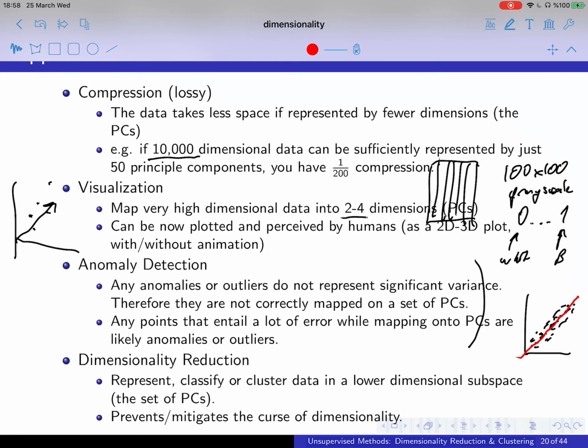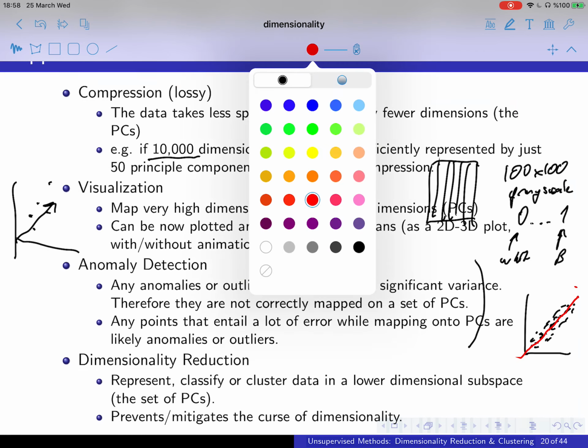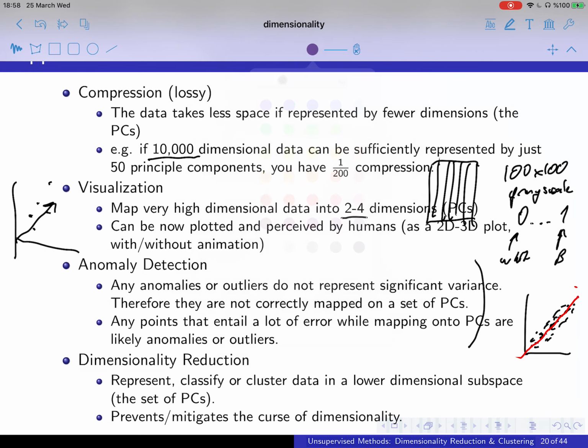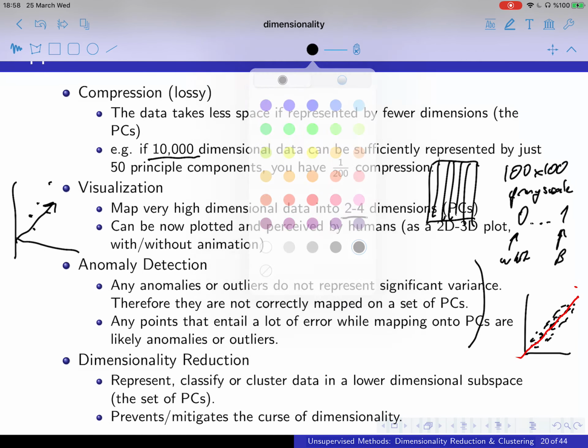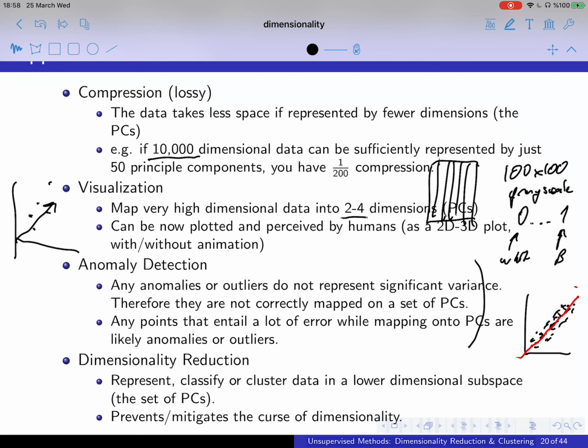So if I only use this component, most points in this rotation, if I drop it down to a single dimension, will have very low error. However, if I have an anomaly, like the small car that used a lot of gas, then its error is high. Therefore, you can use it for anomaly detection.